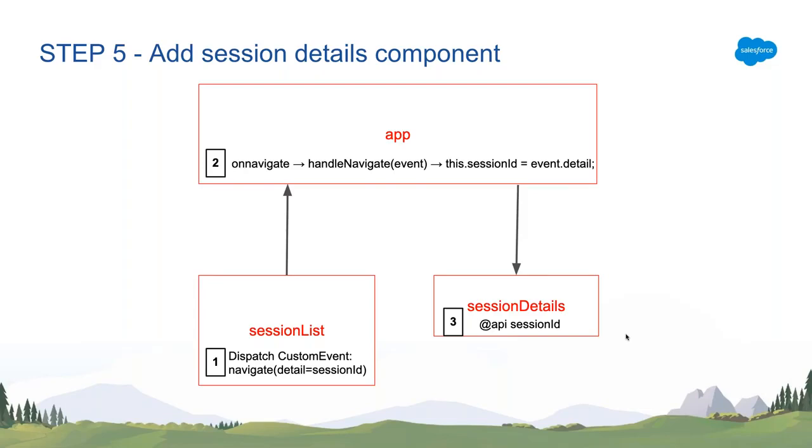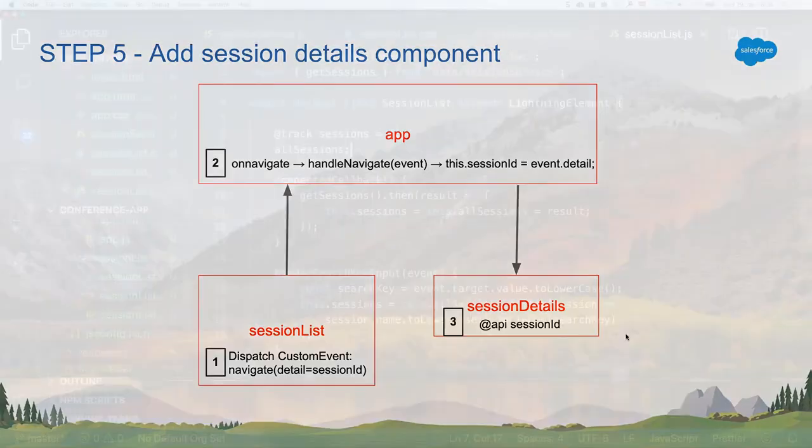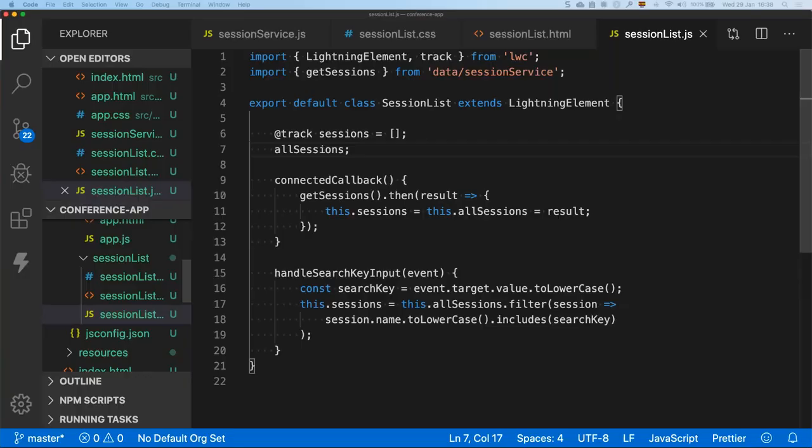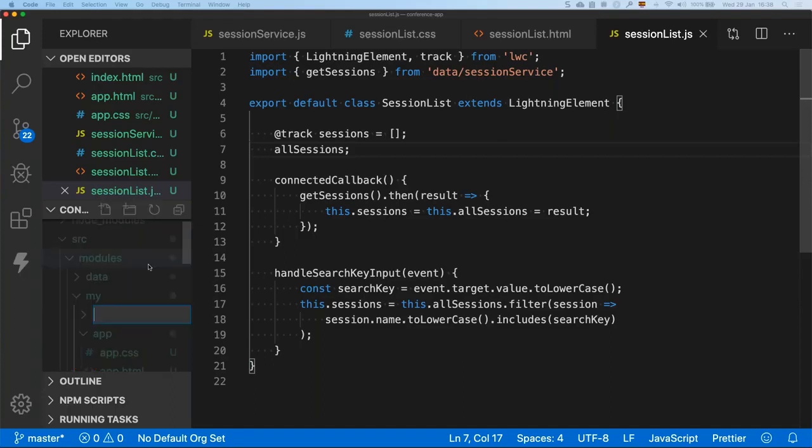So first thing that we are going to do is to define the session details component. We are going to create it because it doesn't exist yet. So here we are going to create the session details component. We are going to create the CSS file.